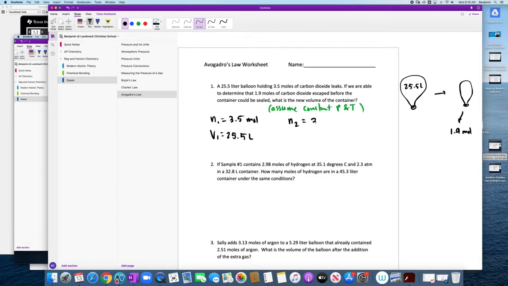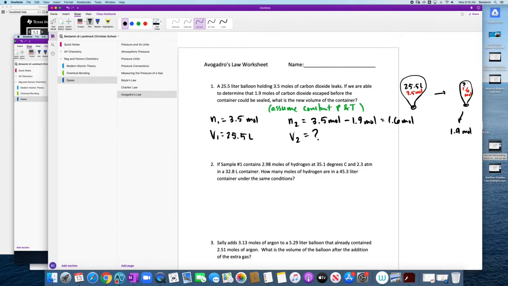So we need to take 3.5 moles and subtract out 1.9 moles, whatever that is, our resulting number of moles, and that will allow us to find the new volume. Okay, so of course 3.5 minus 2 would be 1.5, plus 0.1 back in. That's 1.6 moles inside of here. We had 3.5 moles in there, so we can determine the new volume of the balloon.